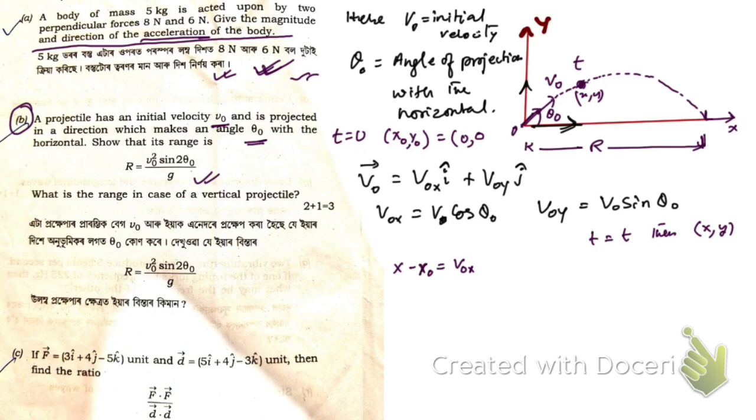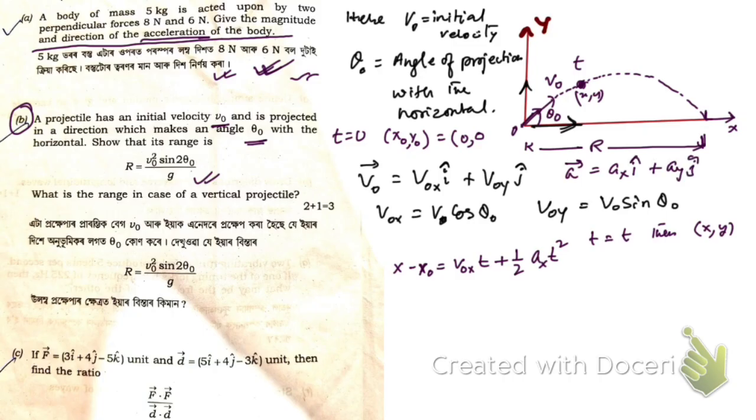We are trying to obtain the displacement, so here we take the initial velocity, v0x. Acceleration can also be written in this way, ax i cap plus ay j cap.